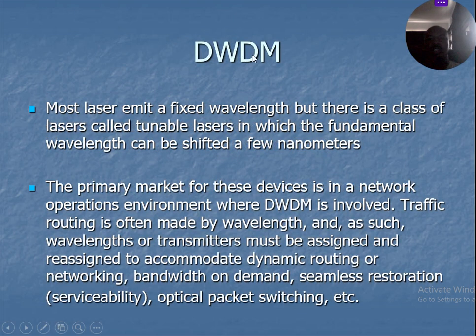Another thing is the technology that is developed to synchronize the light through the optical fiber system. This technology is dense wavelength division multiplexing. Okay, please take note: dense wavelength division multiplexing.